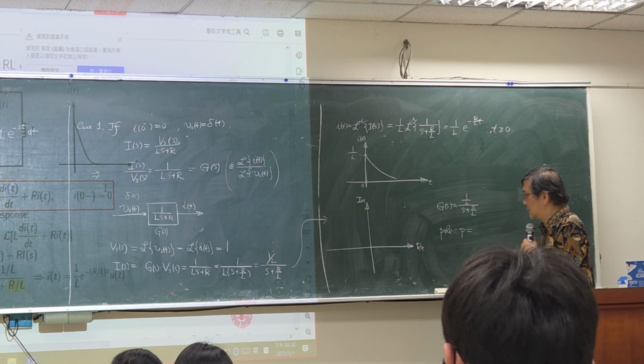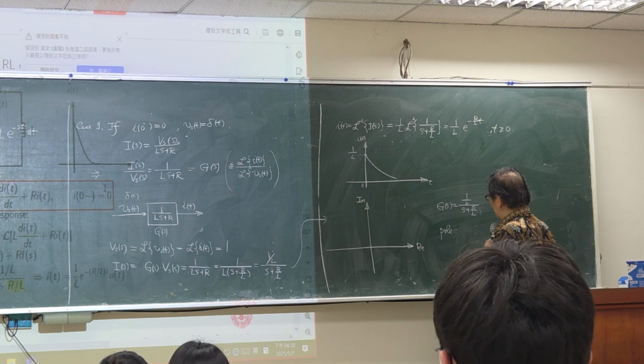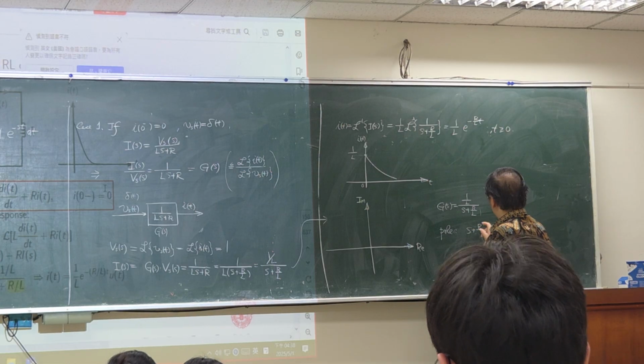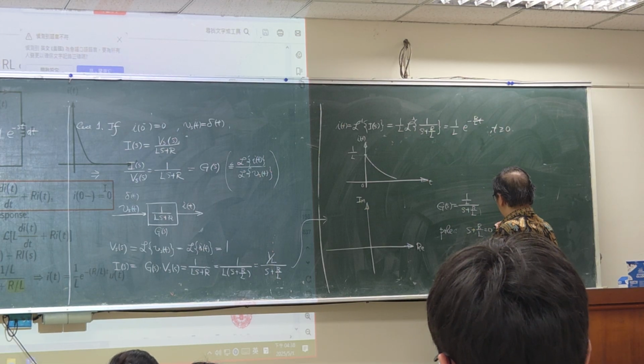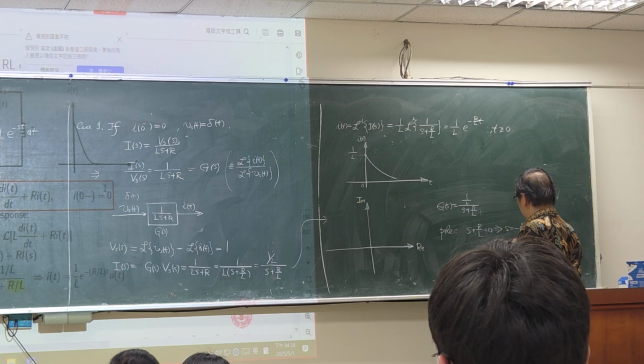What is the pole? We solve the equation: s plus R over L equals 0. So s is equal to negative R over L, right? And this is the pole.